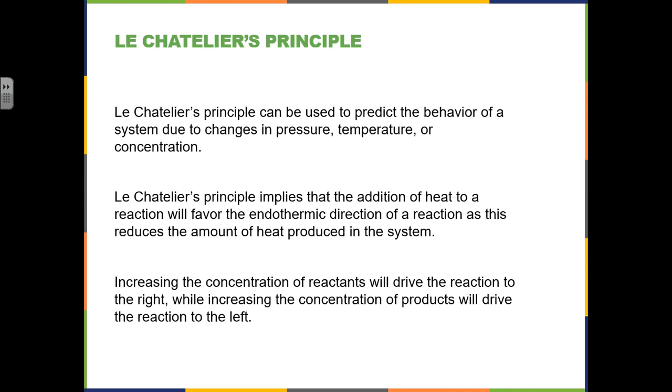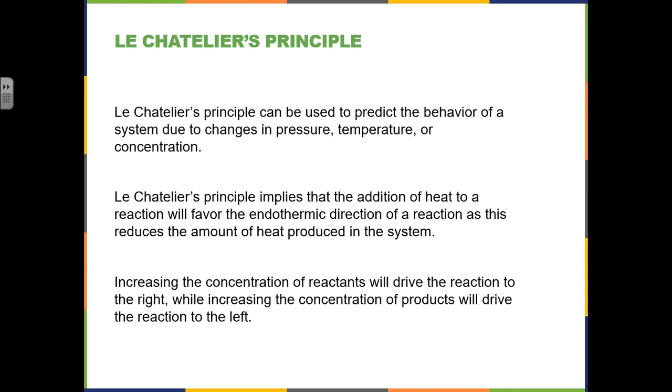And so we can use Le Chatelier's principle to kind of predict the behavior of a system based on those changes. Now, the principle itself implies that the addition of something such as heat to a reaction can have an impact on the back end, or a change in concentration can do something.